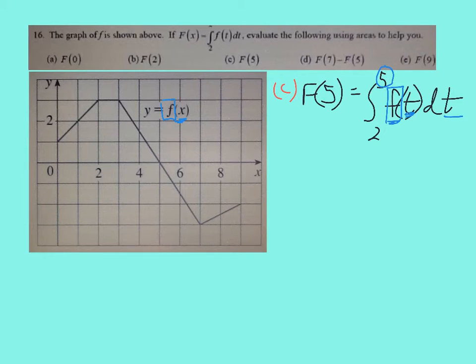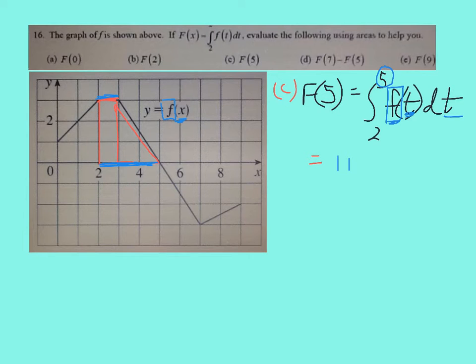So now we want from 2 to 5, so we're looking at this area here. Now again, you could split this up into a rectangle and a triangle. How you find that area is completely up to you. Maybe just for this time, just to remember, I'm going to solve this with a trapezoid. So the trapezoid says I'm going to take the sum of the two heights divided by 2.